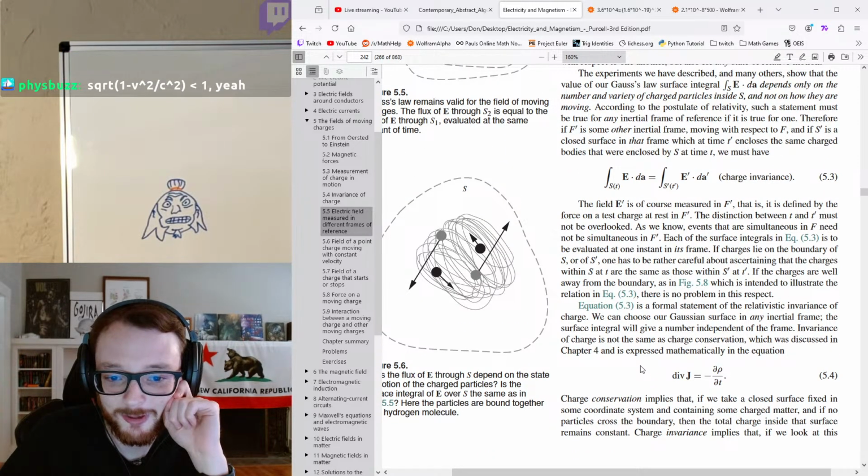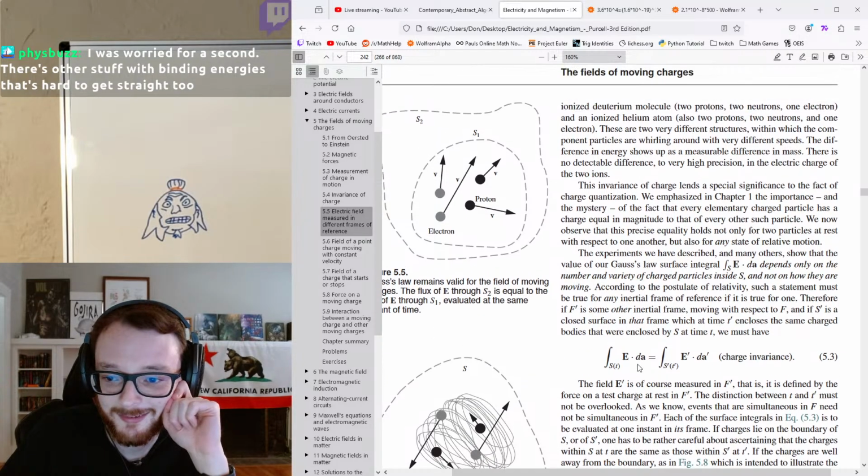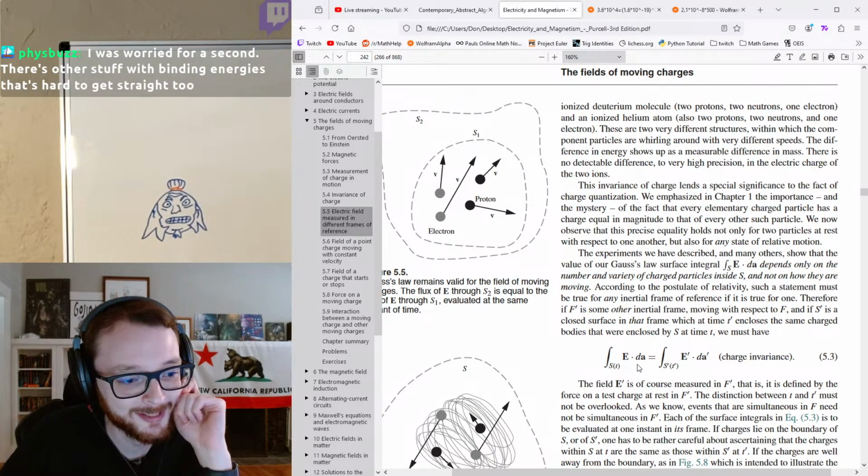Chapter 5 is pretty cool. I feel like I'm really going to lose the thread with them talking about relativity, but it's also kind of cool. Other stuff with binding energy is hard to get straight too.